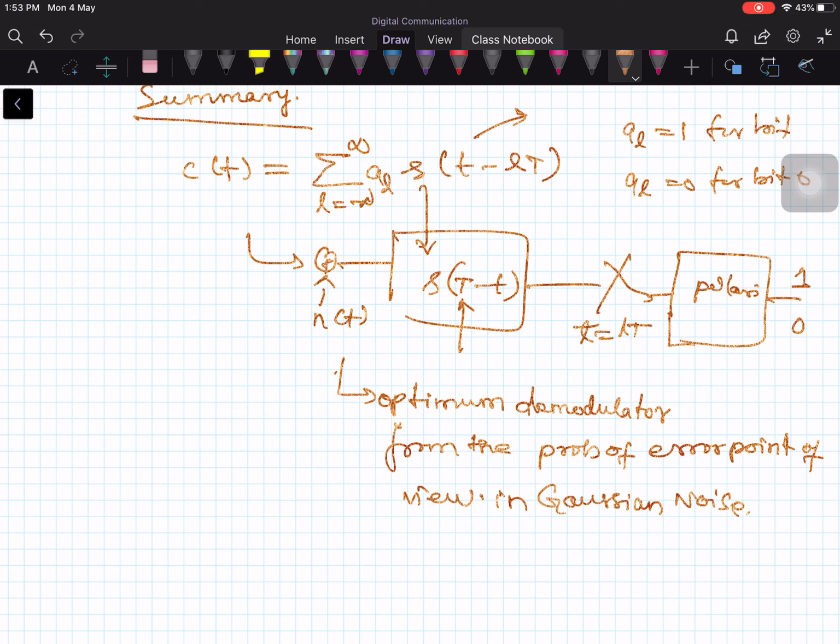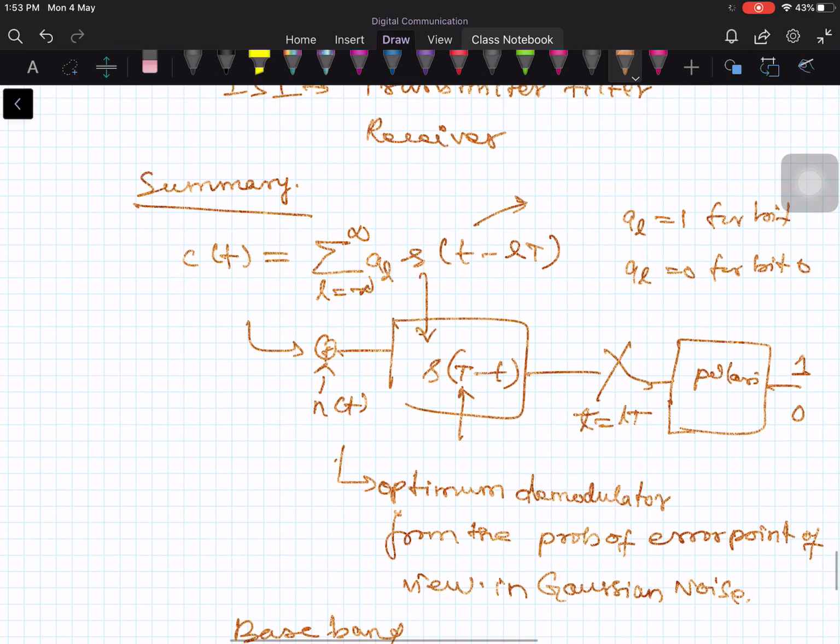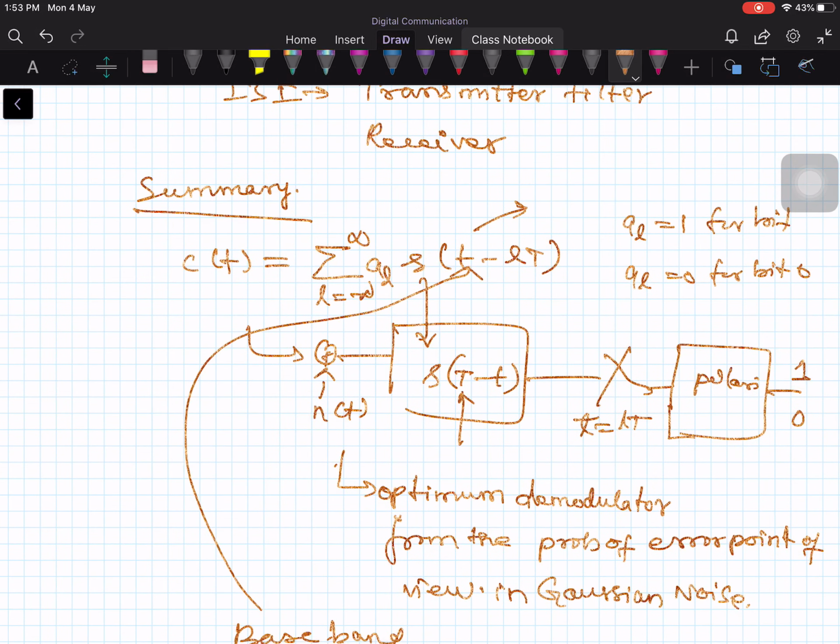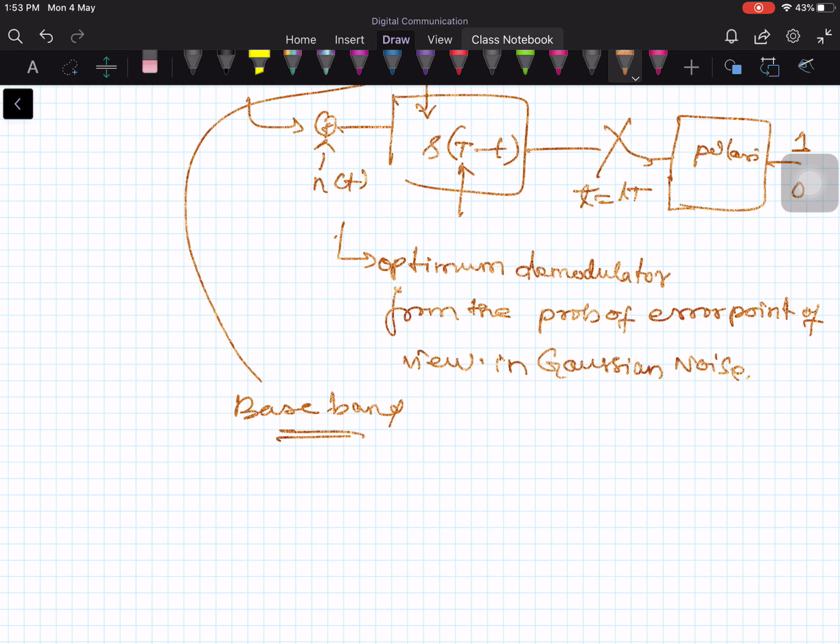In the next lecture I am going to talk about the passband binary phase shift keying demodulator. Here I have taken only the baseband pulse. Look at here, the input is a baseband pulse. In the next lecture let me consider the baseband pulse s(t - lT) modulated by the carrier cos(2 pi f0 t) with some polarity a_l.